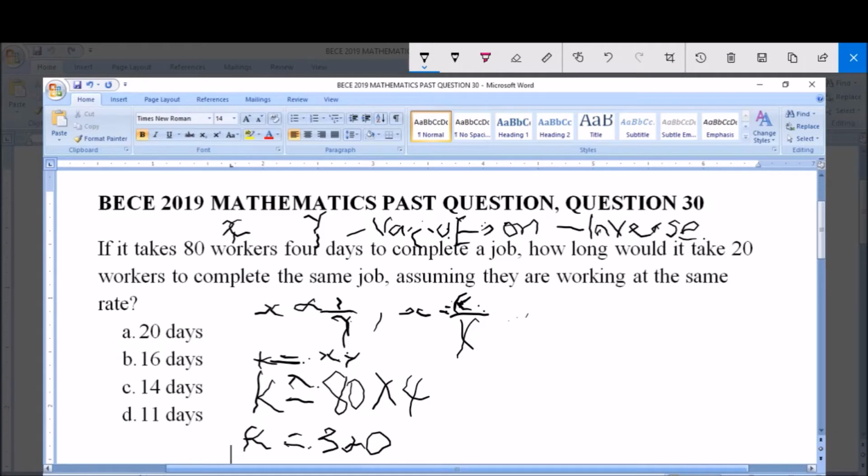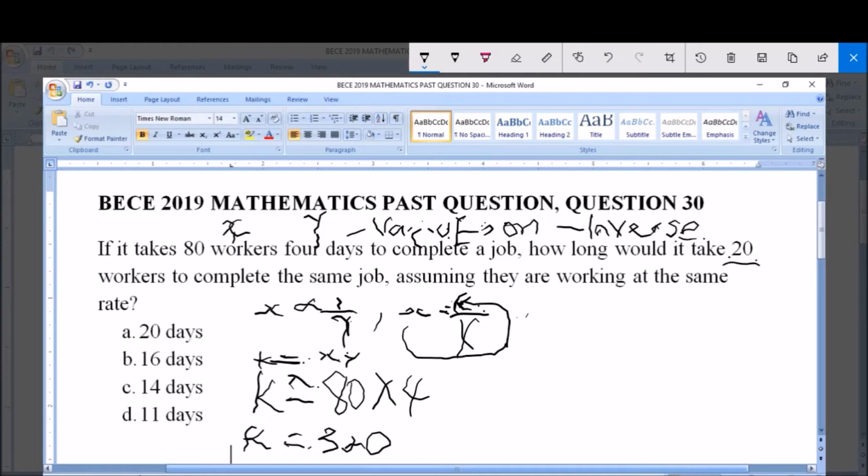Now, how do we get the number of days taken for 20 workers to complete the same job? We use the same formula. The formula says x is equal to k over y, where x is the number of workers, y is the number of days, and k is our constant, which is 320. The number of workers, x, given in this question is 20 workers, and we have to look for y, the number of days.